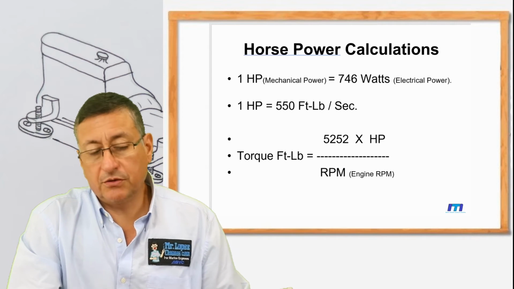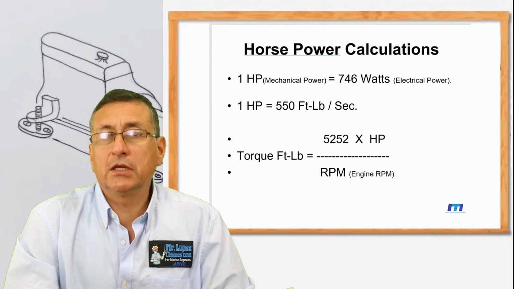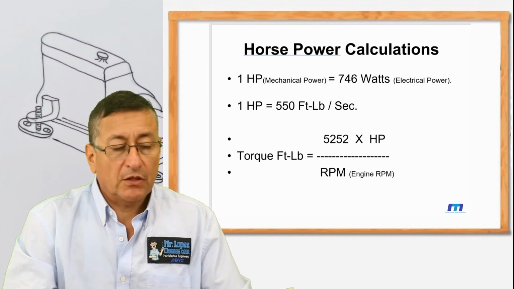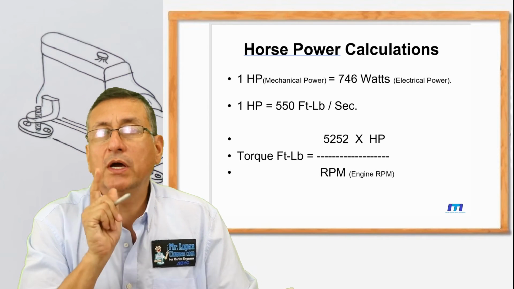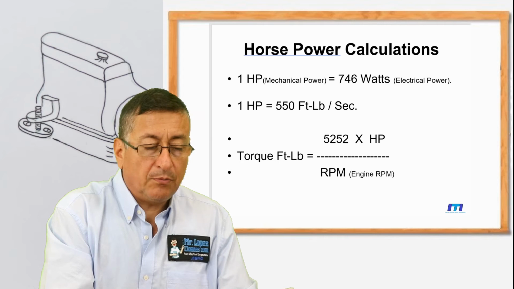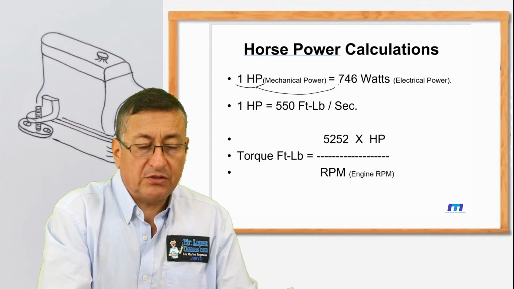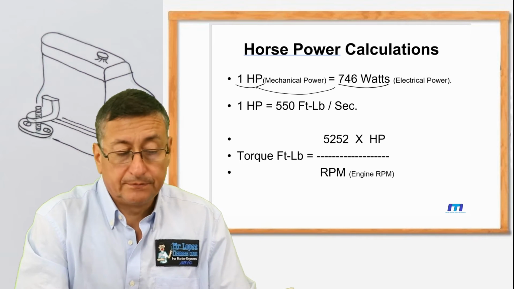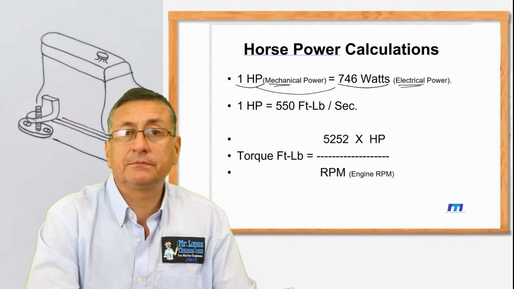Other important recommendations, formulas that we are going to use in our course in the future. Don't forget that you can convert mechanical horsepower into electrical power with this simple formula. 1 horsepower is equivalent to 746 watts. This is electrical power and this is mechanical power.